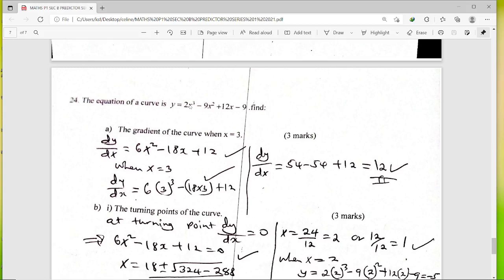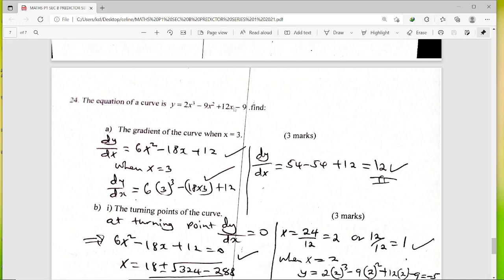We differentiate: 2 times 3 gives you 6, and the power reduces by 1, so it remains x squared. Minus 9 times 2 is 18, the power reduces by 1, it remains x to the power 1, which is x. So it will be 6x squared minus 18x.